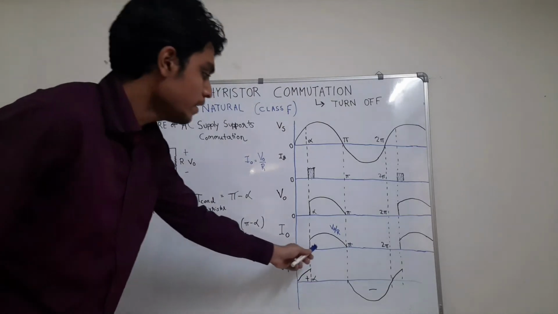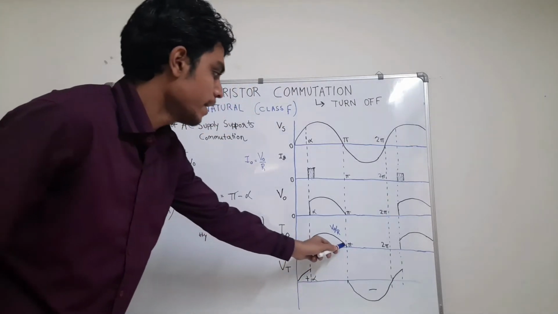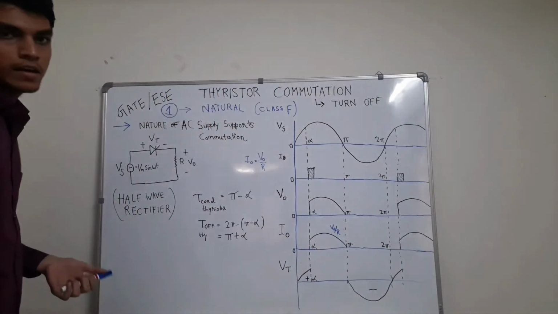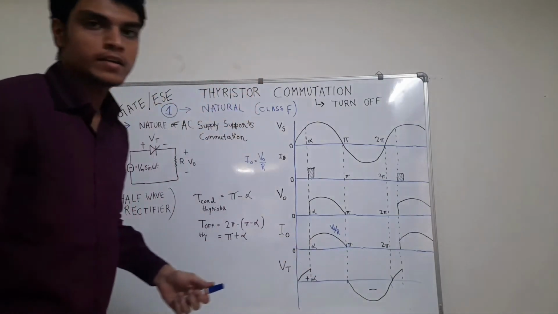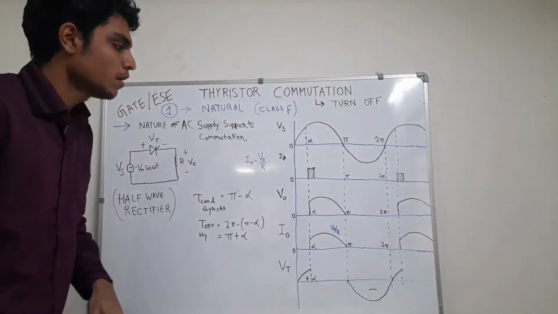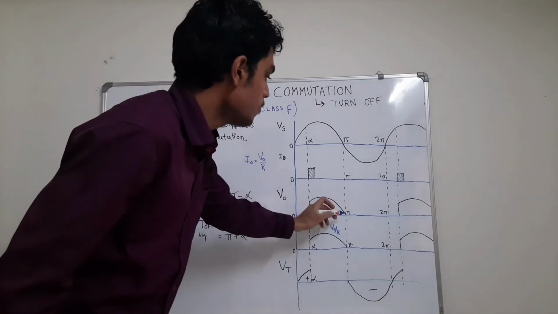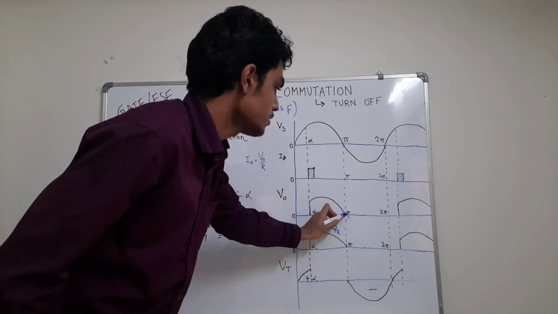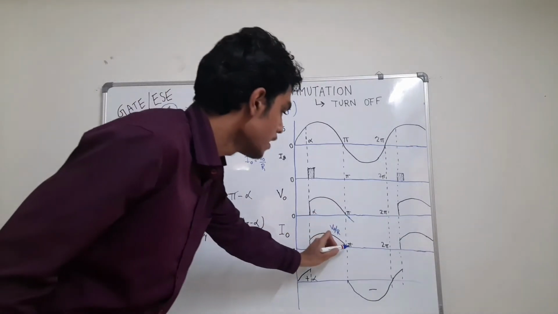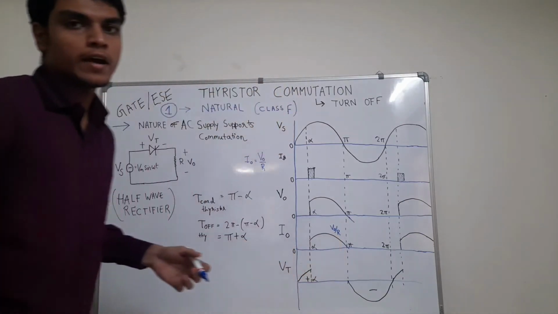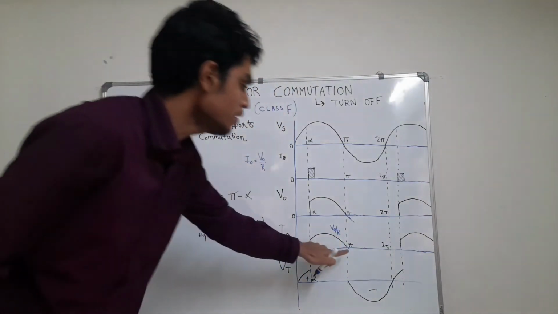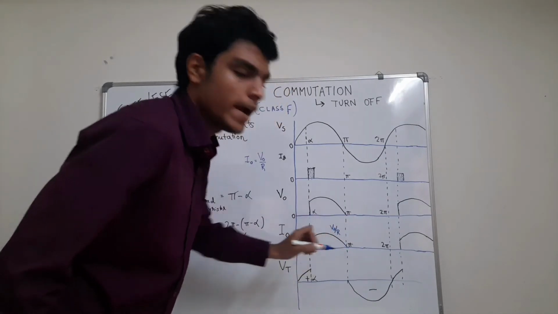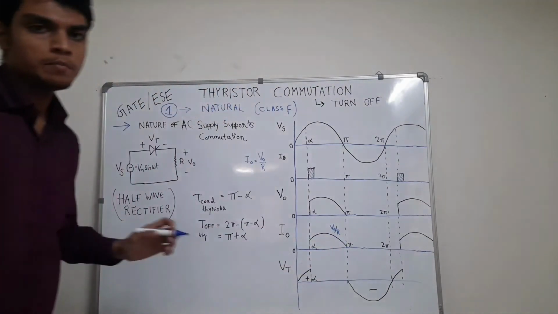Now see, when pi comes, at that time the current naturally becomes zero without any circuitry use. So at this point thyristor will automatically get turned off because beyond that the supply voltage will be going negative. As soon as the output voltage becomes negative, current starts becoming negative, but thyristor cannot conduct in reverse direction, so it ceases to conduct and we get only up to pi waveform and it stops at pi.